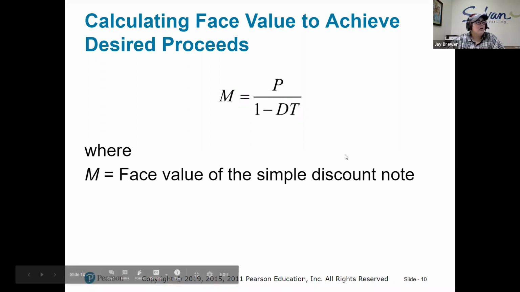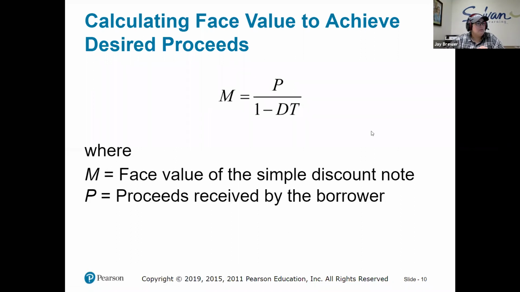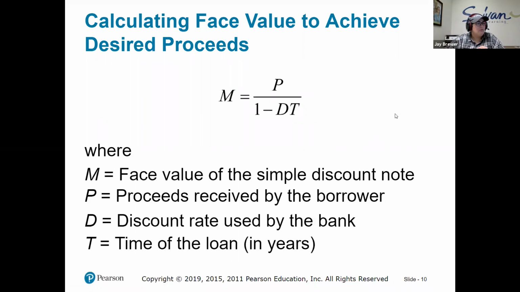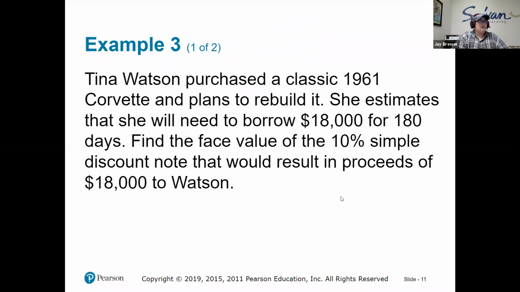All right. Face value to achieve desired proceeds. You guys know what to do with all this, so we're good to go. All right, let's look at another example. Tina Watson purchased a classic 1961 Corvette and plans to rebuild it. Why you would buy one of those disassembled, I don't know.